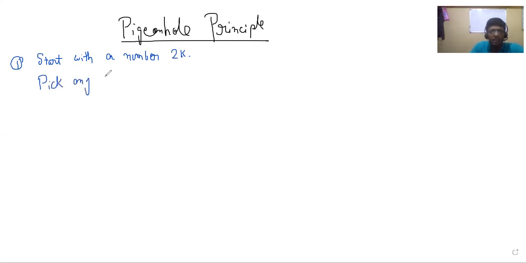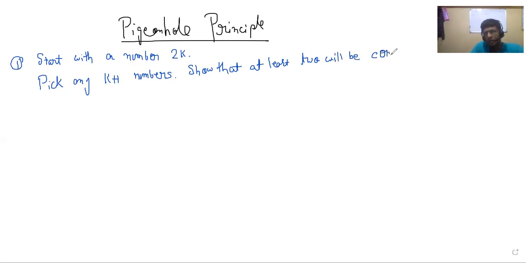Sorry, you have to pick any k plus 1 numbers. This is just a very simple question. So k plus 1 numbers. Show that at least two will be consecutive. Consecutive, you understand that, one after the other. So you'll pick some t and t plus 1, something like this.